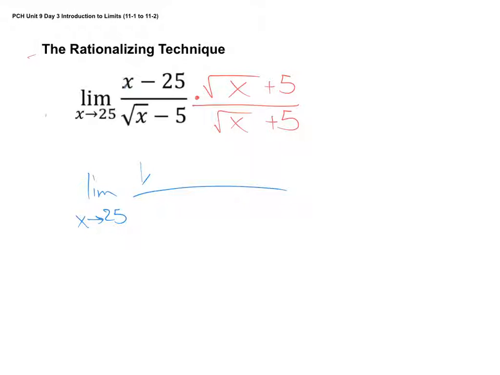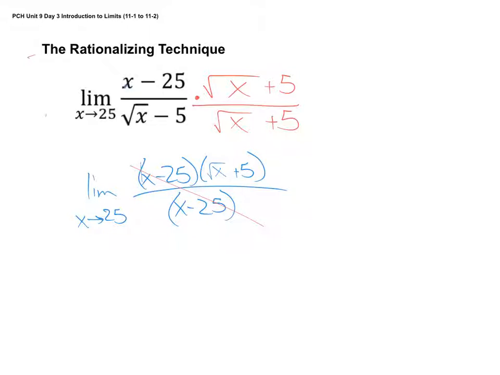So our numerator is x minus 25 times root x plus 5. What does the denominator equal? X minus 5? No, x minus 25. That's right. Yeah, x minus 25, which now we can cancel out. And that canceled out the hole.